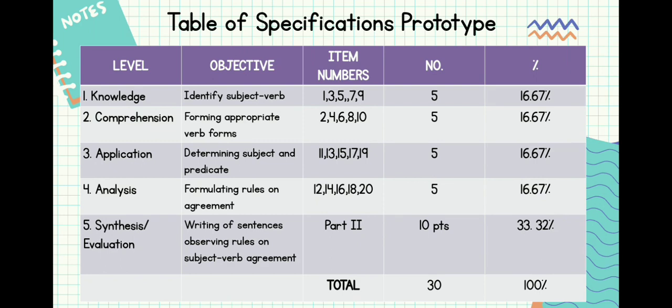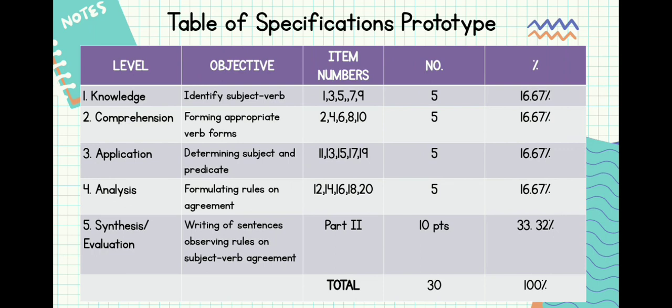As you can see, it consists of 4 columns. The first column is the level of objective to be tested. The second column is the statement of objective. Third is the item numbers where such an objective is being tested. And the next column is the number of items and percentage out of the total for that particular objective.